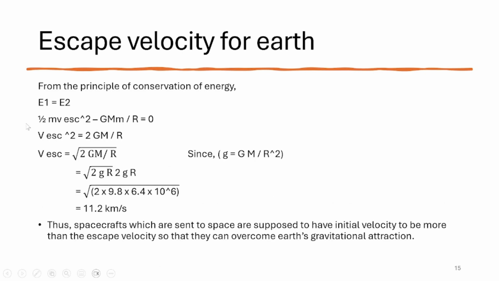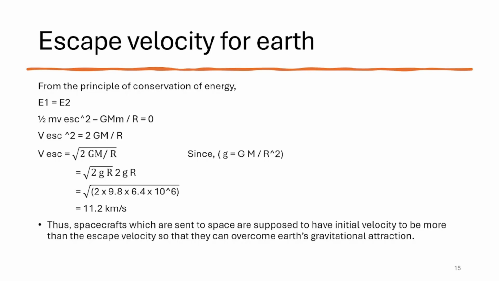Escape velocity of earth. We'll try to find out what exactly the escape velocity on earth is. From the principle of conservation of energy, E1 is equal to E2. E1 is the energy which we are giving, and E2 is the energy with which Earth will try to oppose.